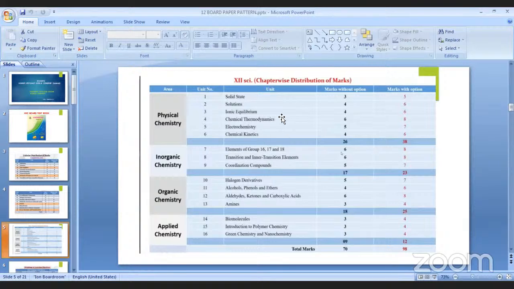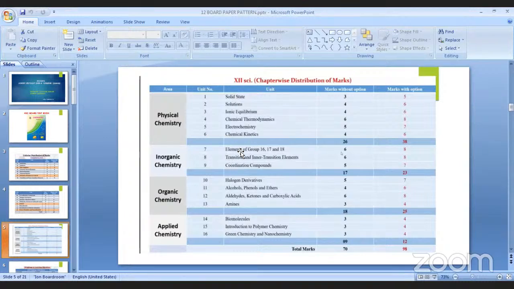But still, if you do these 6 topics of physical chemistry thoroughly, you can solve up to 38 marks out of 70. So I will tell you to go through these topics from the textbook thoroughly, and see all the derivations, definitions, laws, and statements very properly from the textbook. These 6 topics of physical chemistry are again very important.